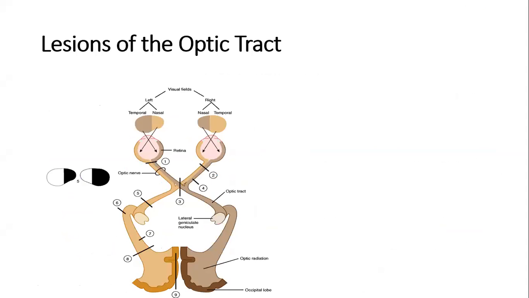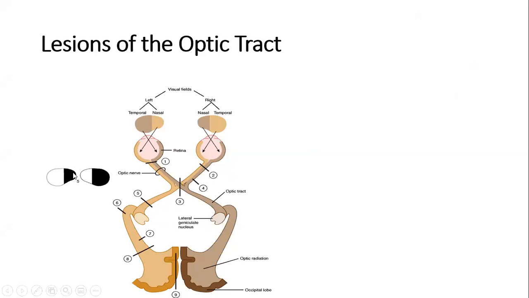Now consider a lesion which has affected the optic tract here, completely damaged the optic tract. So what happens? The temporal fibers from the same side and the nasal fibers from the opposite side are going to get affected. When the temporal fibers from the same side get affected, it will be the nasal visual field, right?